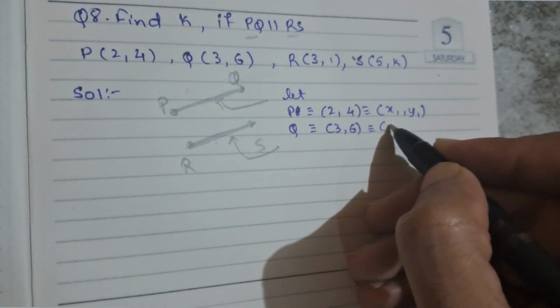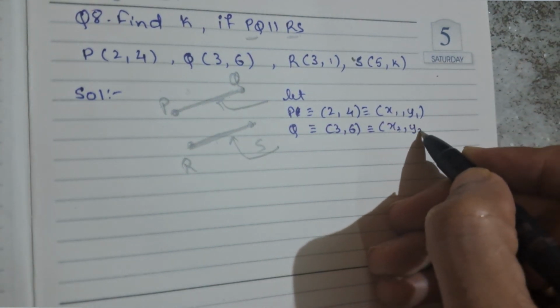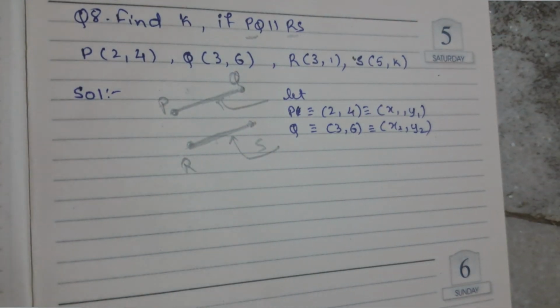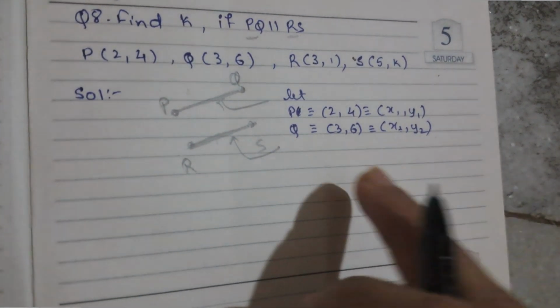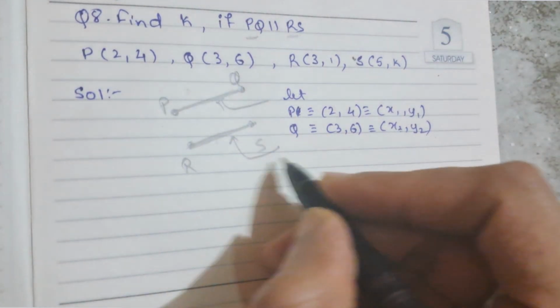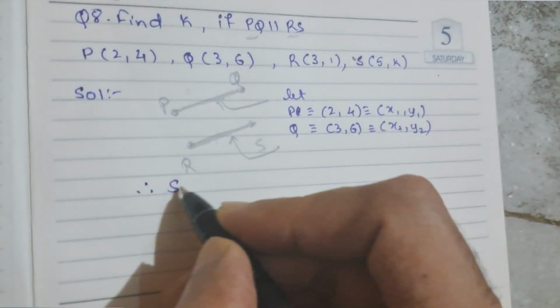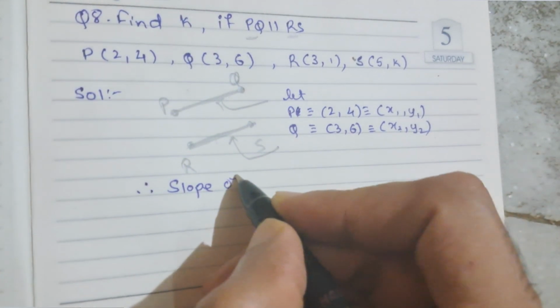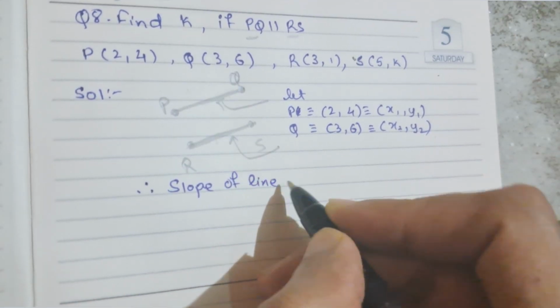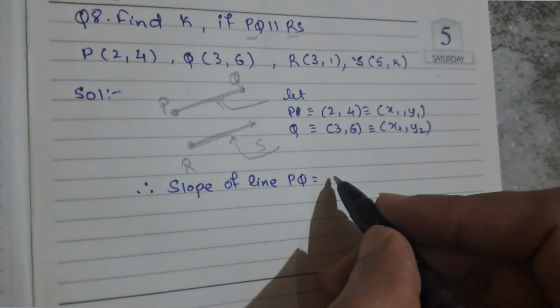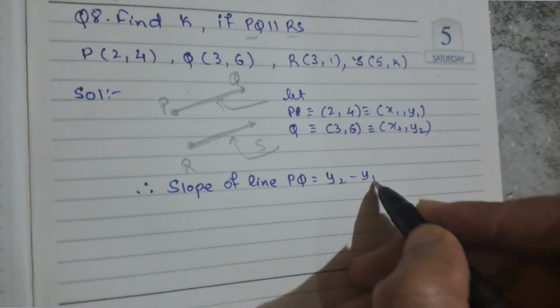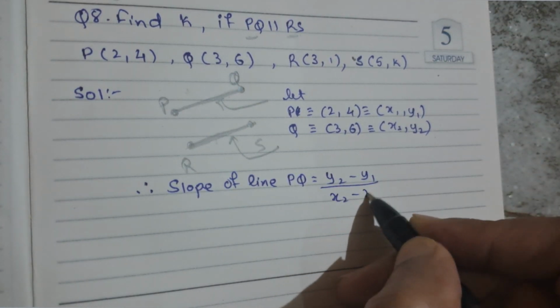Let me name it as x2, y2. So with this, I can find the slope of this line. Therefore, slope of line PQ is equal to, what's the formula for slope? We just saw it right now. It is y2 minus y1 upon x2 minus x1.